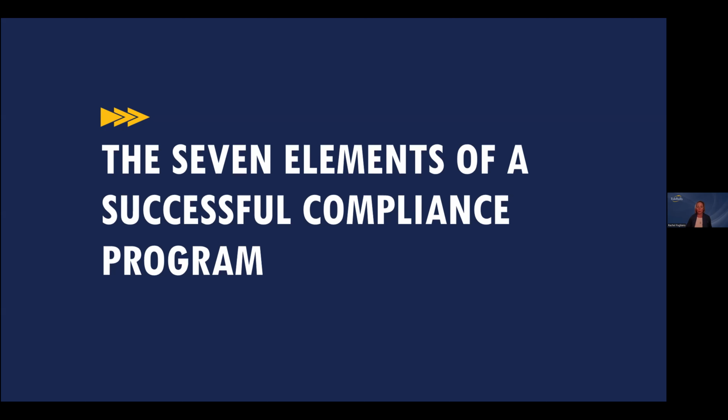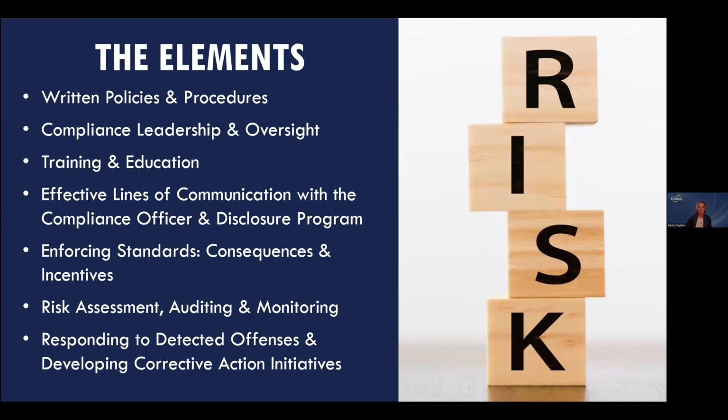So one of the big components of the program guide, and this has not changed over years, is that there are 7 essential elements of a successful compliance program at an organization. Those elements are the written documents, the code of conduct, policies and procedures, having organizational structure over the compliance program at the organization, so that leadership and oversight piece, a training and education program, effective lines of communication with the compliance officer, as well as a disclosure program for bringing compliance concerns to the leadership at the organization.